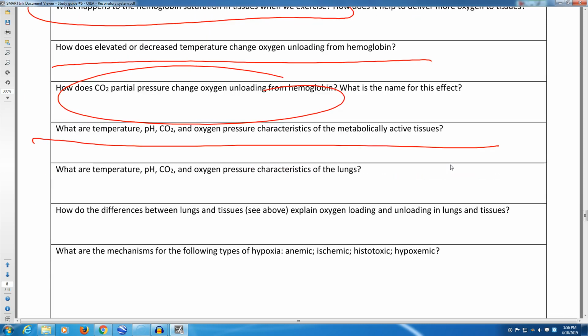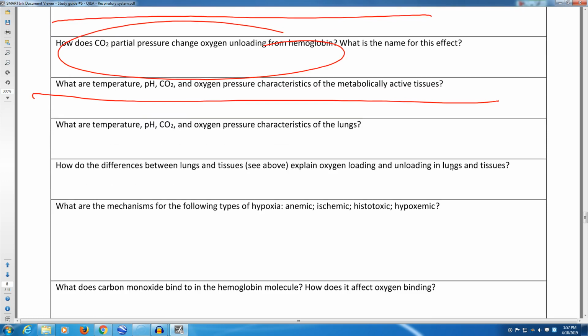In the lungs, temperature is lower than the rest of the body. pH slightly higher, basic. CO2 decreased compared to the tissues. And oxygen through the roof, yes. So all these factors increase unloading, and these factors basically decrease unloading or increase loading. Does that make sense?